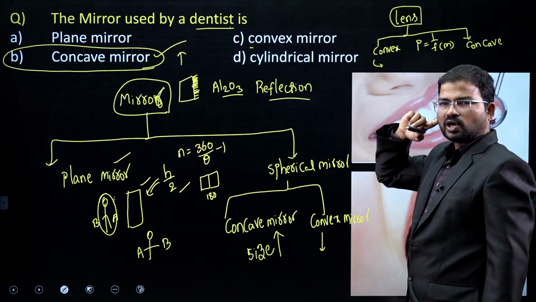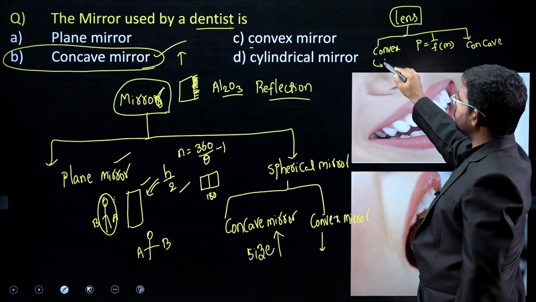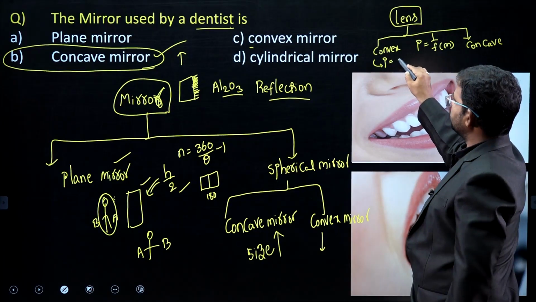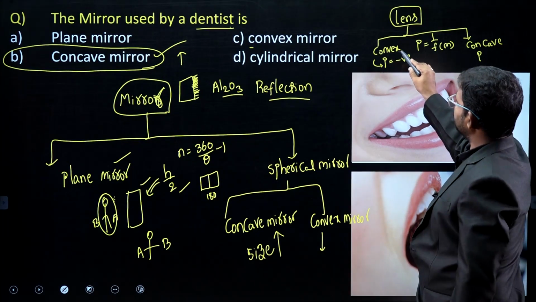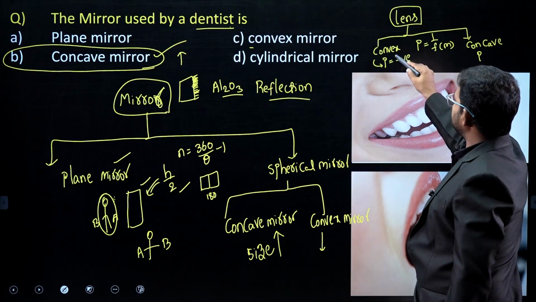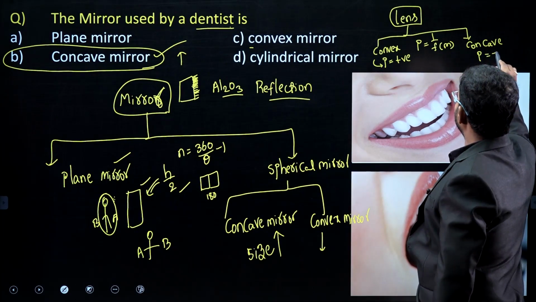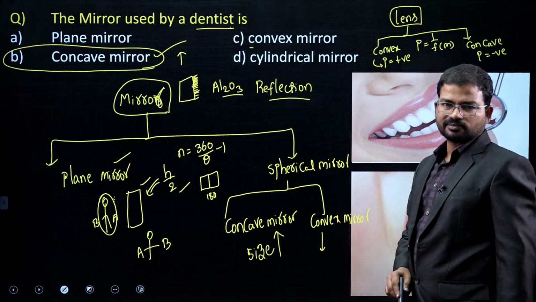The focal length should always be considered in meters only. If P is positive, then that lens is convex. If P is negative, then that lens is nothing but a concave lens.